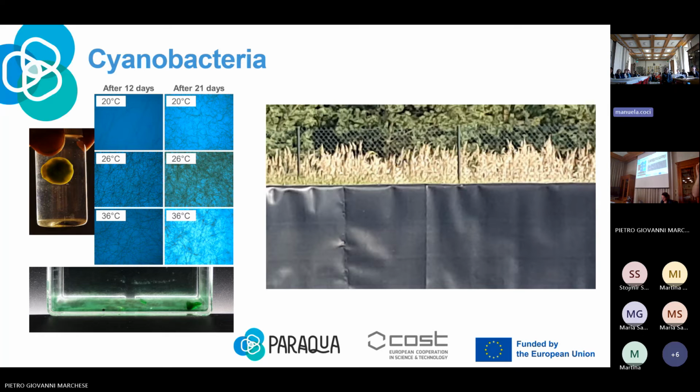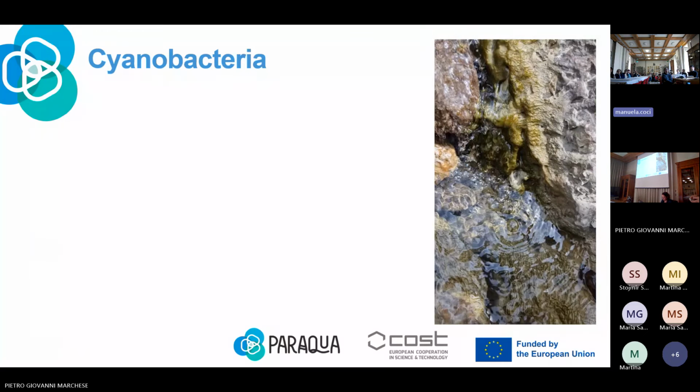This is the aggregated cyanobacterial mat that was separated from the bottom by shaking, and such an interesting shape was found. Here we have the bottom overgrown by one strain we successfully isolated from this geothermal pond.